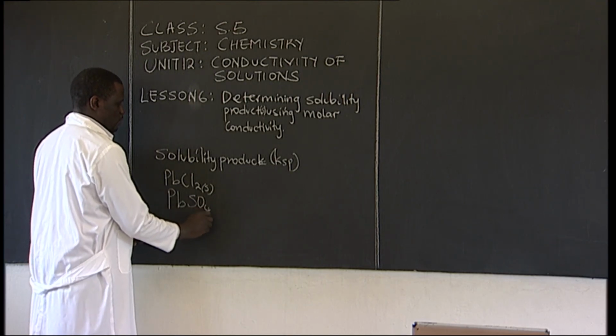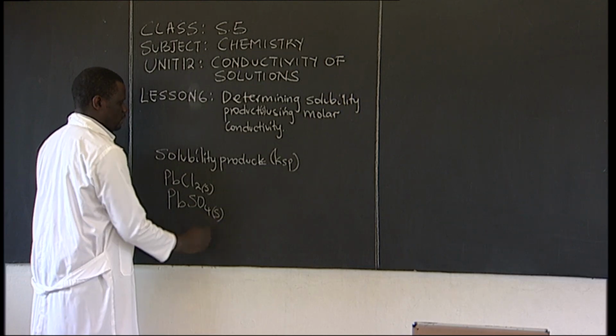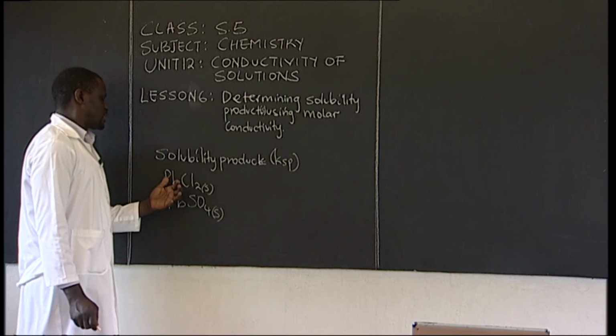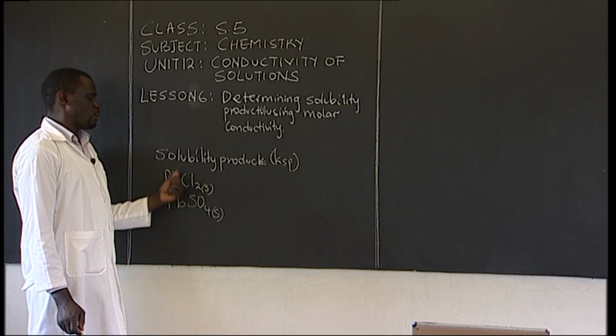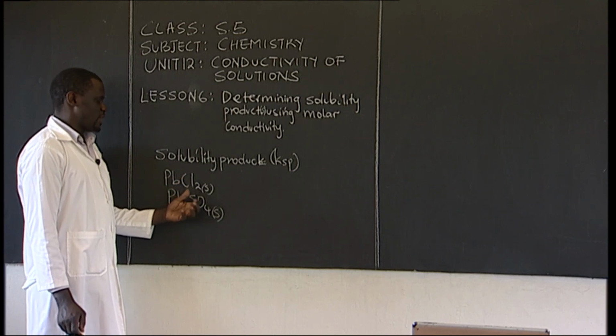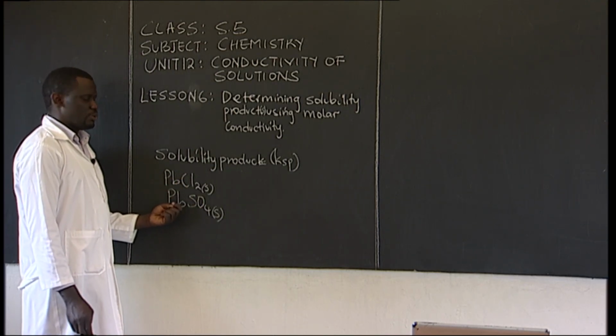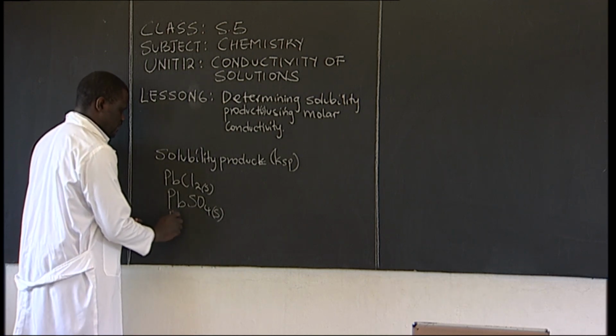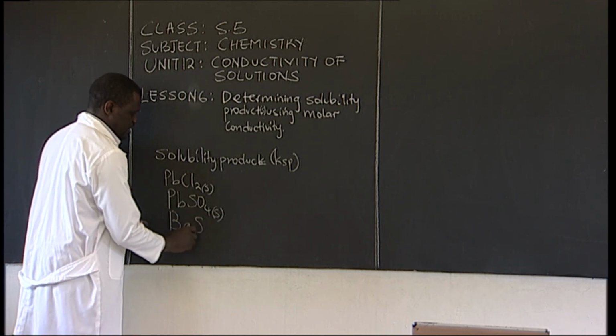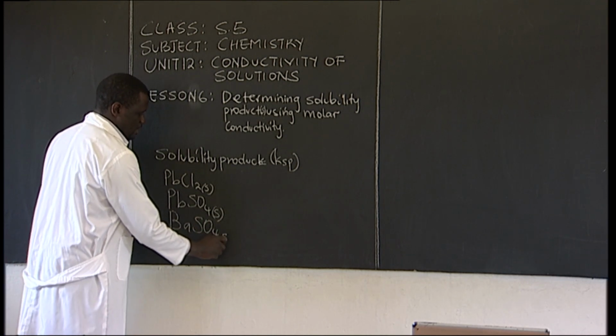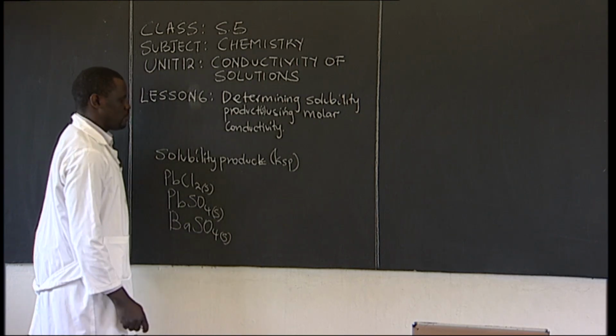You know from qualitative analysis of senior 4 that when you react lead 2 ions and chloride ions, you get a white precipitate of lead 2 chloride. So we can say it is sparingly soluble in water. We can also have barium sulfate, reacting sulfate ions and barium. Then you can also have hydroxides.